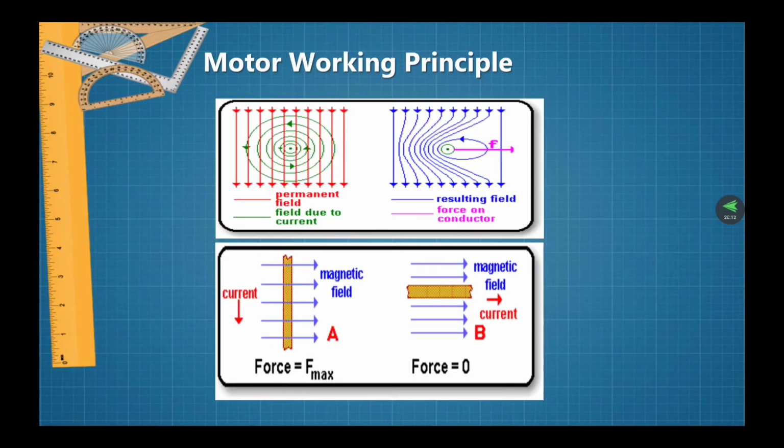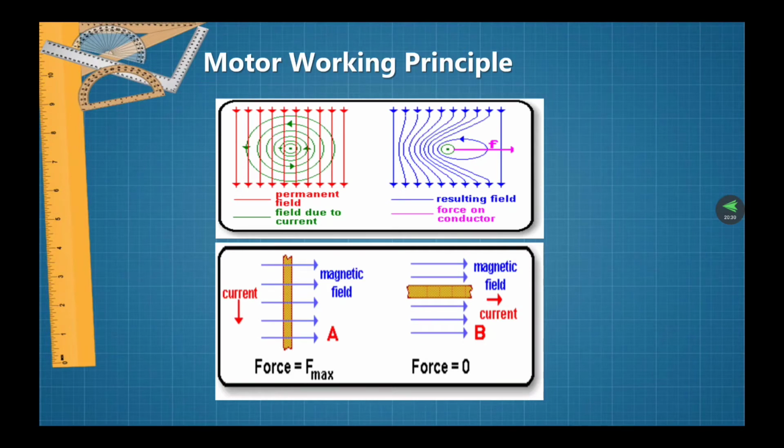A magnetic field is a vector field that describes the magnetic influence on moving electric charges, electric currents, and magnetic materials.